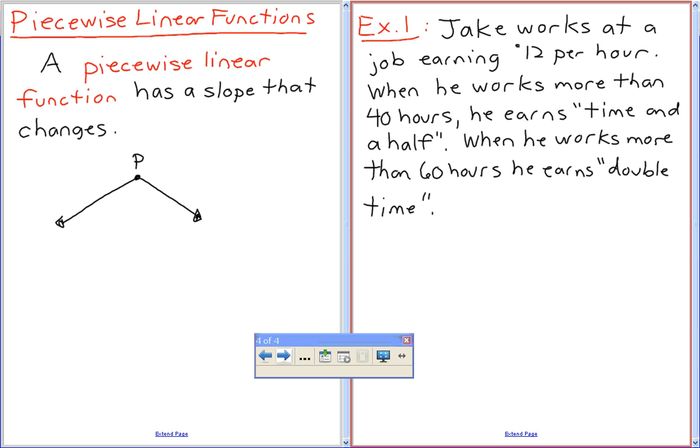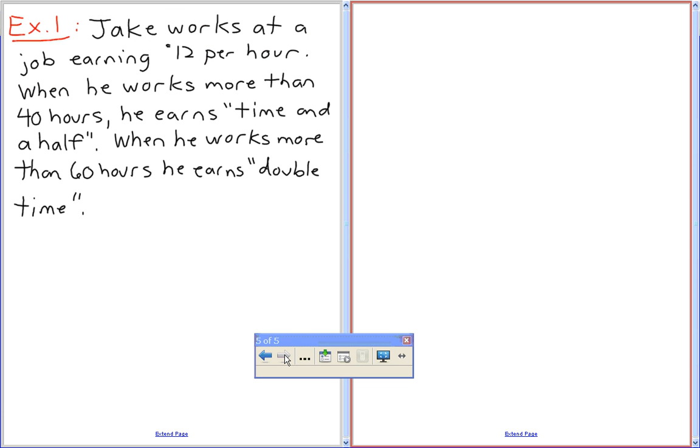Okay. Part A, and if people haven't copied down here, the supply teacher can hit pause, so I'm going to keep going up. Part A is going to say, what is Jake's time and a half salary?